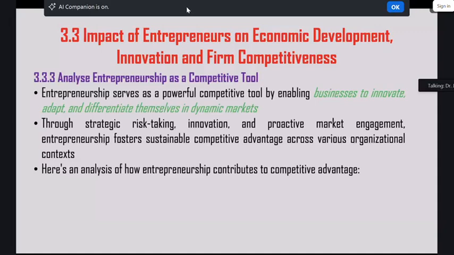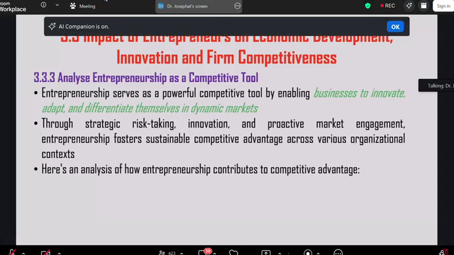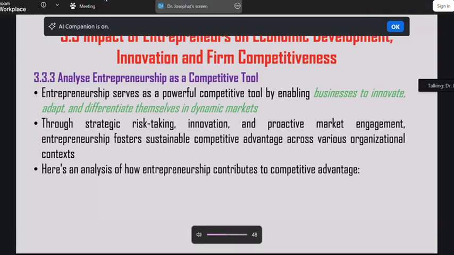So through strategic risk-taking, innovation, and proactive market engagement, we know that entrepreneurship fosters sustainable competitive advantage across various organizational contexts.